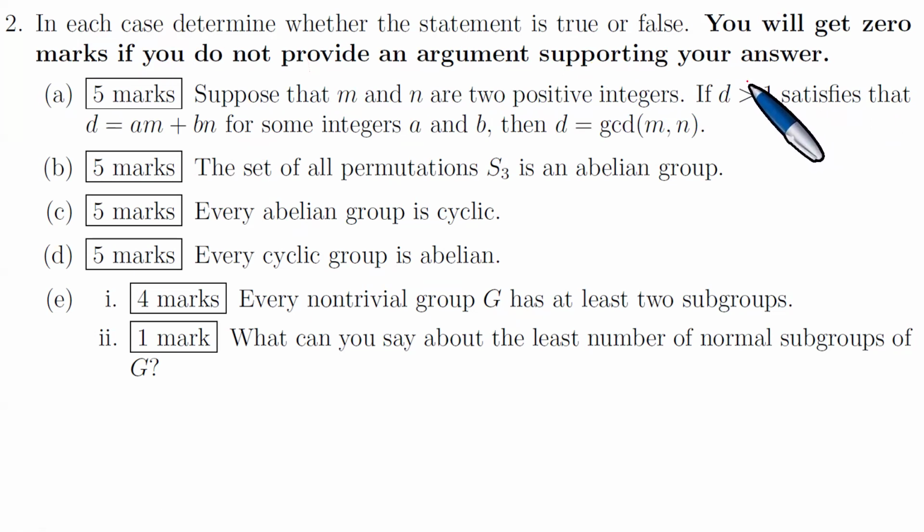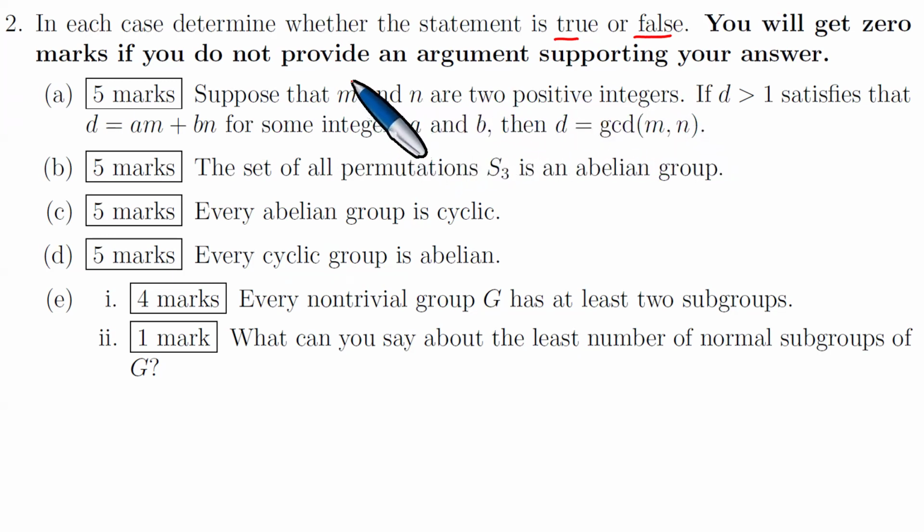Right, so we need the truth or the falsehood of this. But you'll get 0 if you do not provide an argument supporting your answer. So if we state true or false, we must bring justification on board. Let us start with the first question. Suppose that m and n are 2 positive integers.